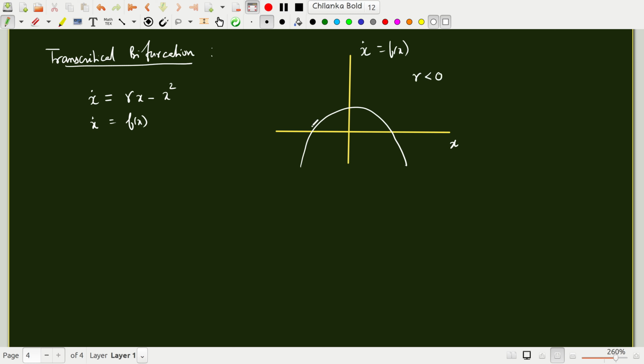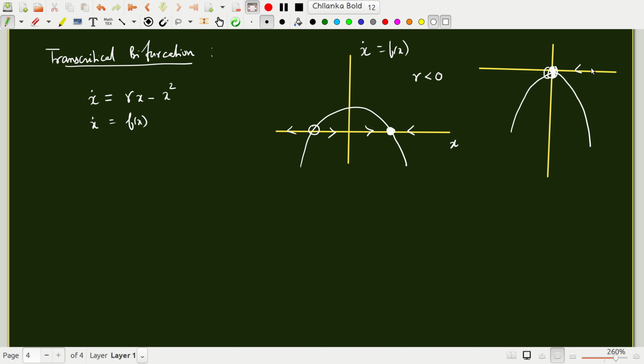There are two fixed points. This is unstable. This is stable. Now when r equal to 0, you get a half stable fixed point.